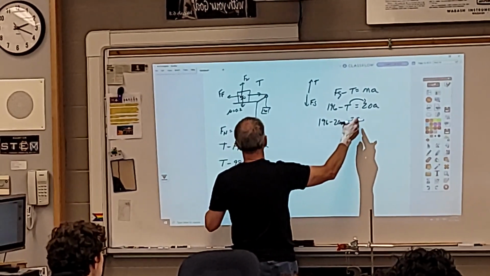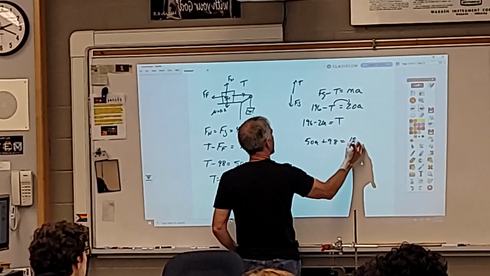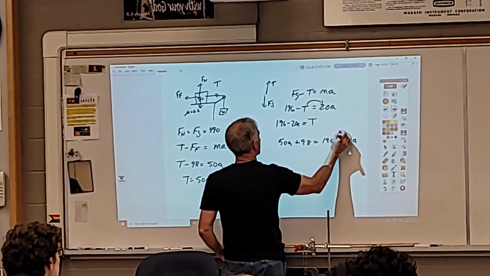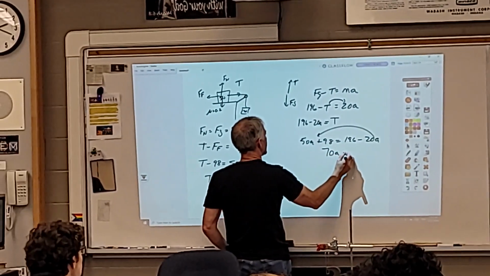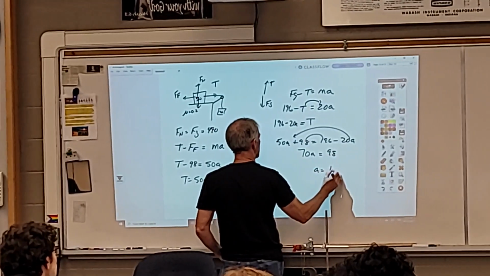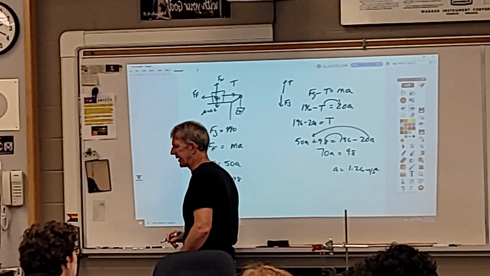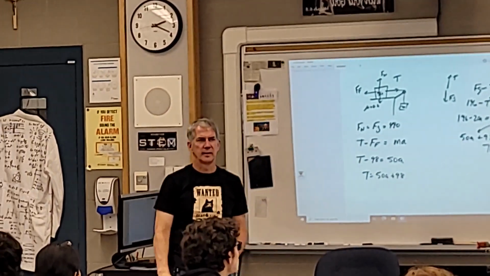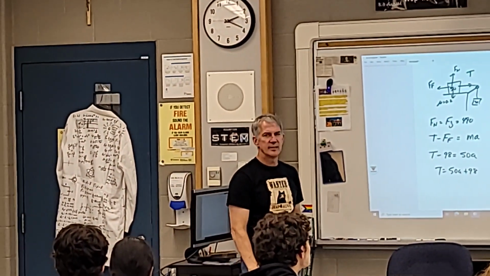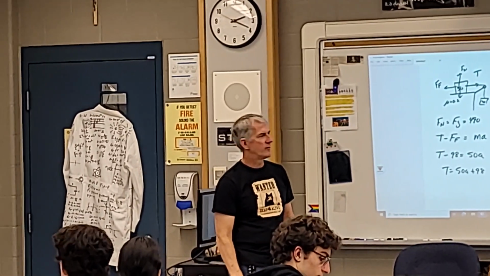The two ropes are the same, so 50A plus 98 equals 196 minus 20A. 20A comes here, no surprise, total mass is 70, is equal to 98. The acceleration is 1.26 meters per second squared, something in that ballpark. Okay, 98 divided by 70. 1.4. 1.4?